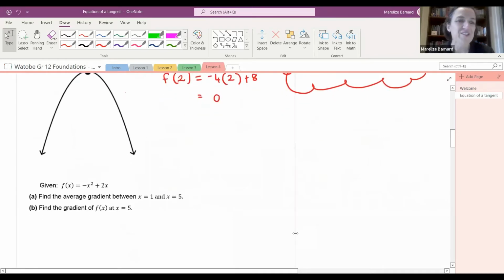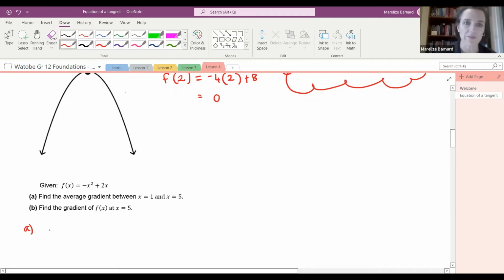Okay, so let's see. Given f of x is equal to minus x squared plus 2x. Now we're going to do the average gradient and the gradient of f of x at x equal to 5. Average gradient is what you've been doing all along.